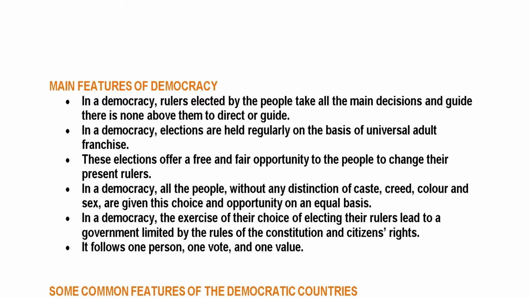These elections offer a free and fair opportunity to the people to change their present rulers. In a democracy, all the people, without any distinction of caste, creed, color and sex, are given this choice and opportunity on an equal basis.